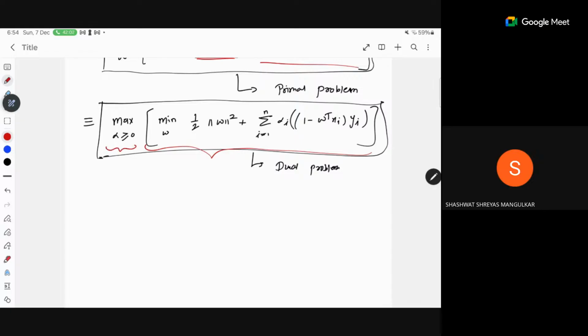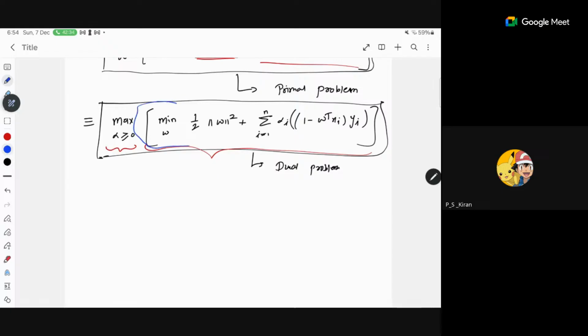First of all, I'll solve for this minimization problem and then I'll do the maximization. So there will be different choices of alpha. Do you agree with that part? It can be several alphas, and we are going to pick that alpha which maximizes this function.